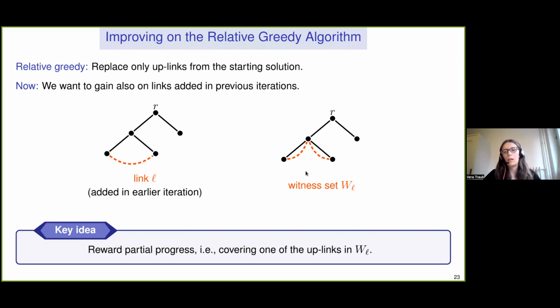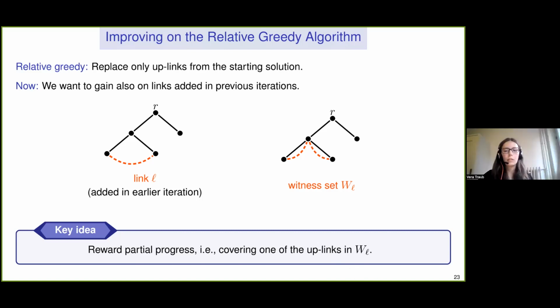And as soon as I was able to drop both the left and right half from my solution, then I can also actually remove the original link L. If I know I don't need the left and I don't need the right half anymore, then I don't need the link L anymore. So this is a key idea for making progress and improving on the relative greedy algorithm, and for how we can handle removing general links, not just uplinks.